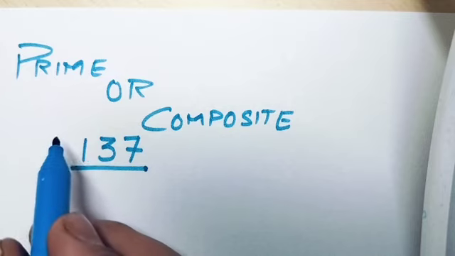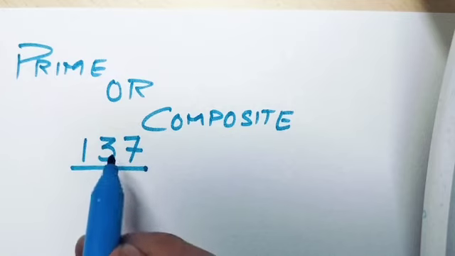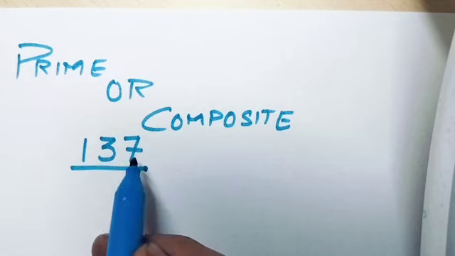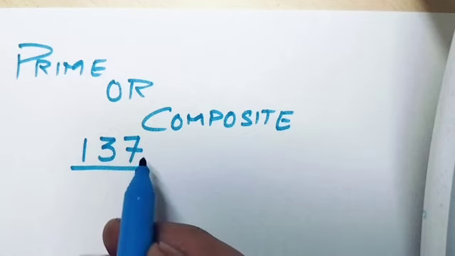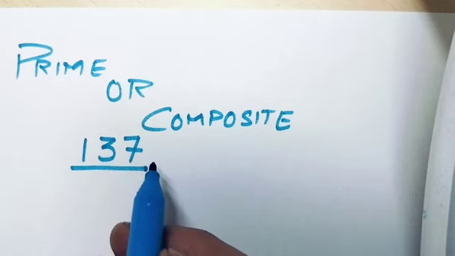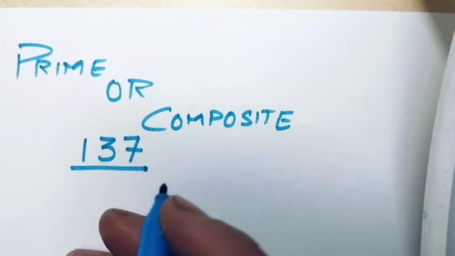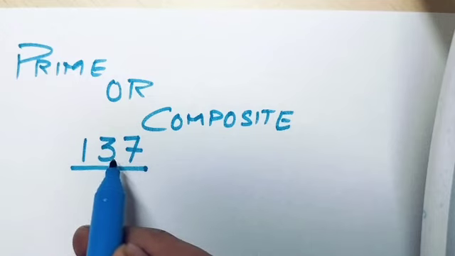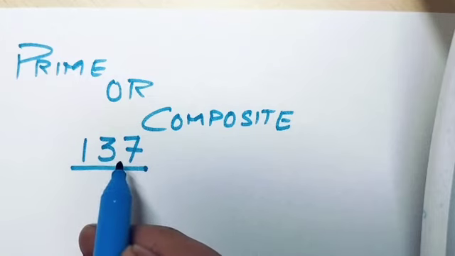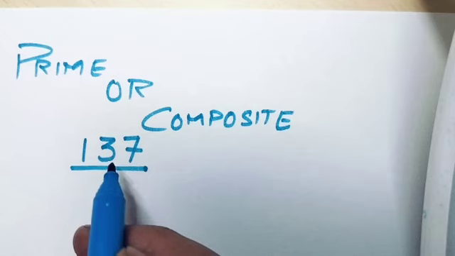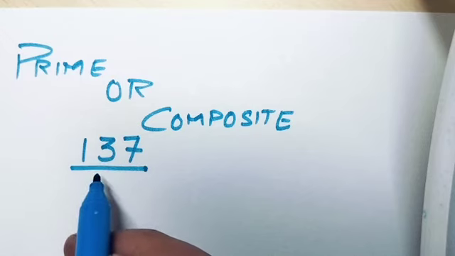If we fail to divide it by any prime number, then we can term it as a prime number itself. Otherwise, if we are successfully able to divide it by a prime number smaller than this, then we are able to break it down into smaller prime numbers and we can term it as composite.